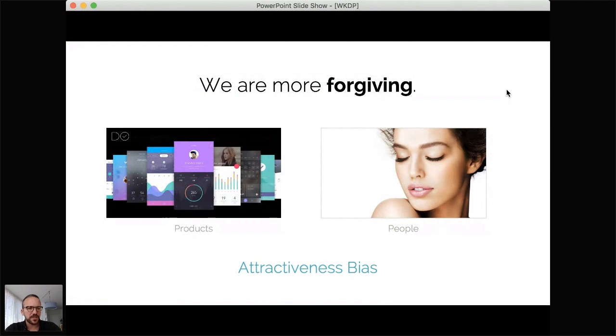And not only that, but we are also more forgiving when we are faced with beautiful products. And this is actually part of a bias called the attractiveness bias. We are more forgiving of beautiful products as we are of beautiful people, by the way. If someone does something to you that you don't like, you tend to forgive that person based on the ratio of beauty, which is a fascinating study as part of the attractiveness bias.